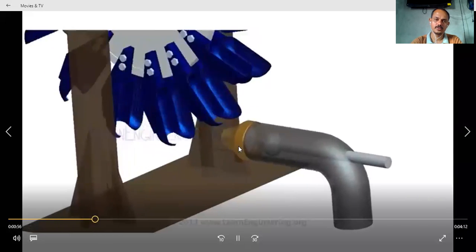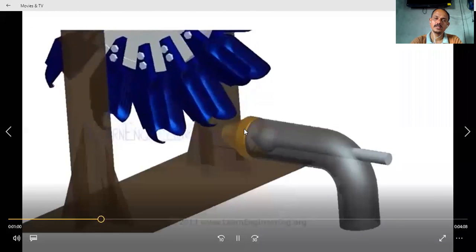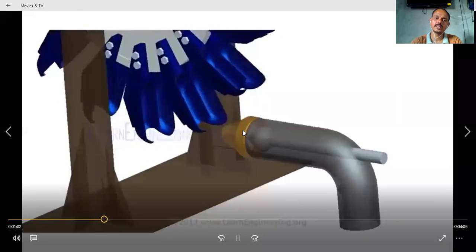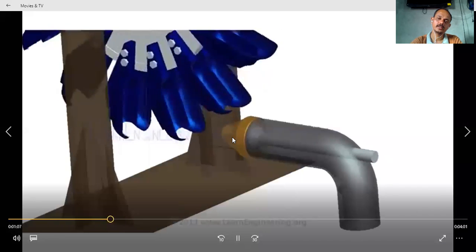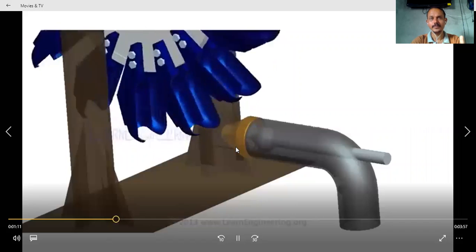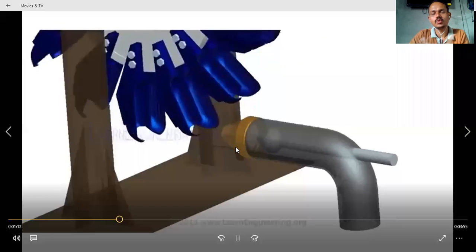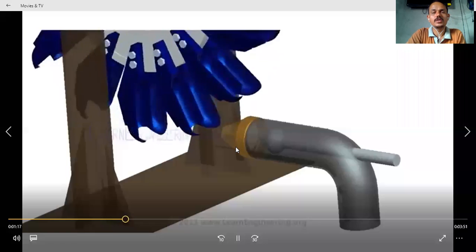The yellow color is of the nozzle. If you observe here, the area of the nozzle goes on decreasing. It means if the area goes on decreasing, it converts pressure energy into kinetic energy or velocity.